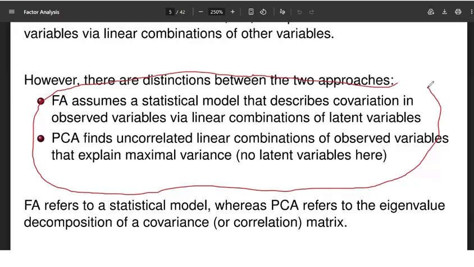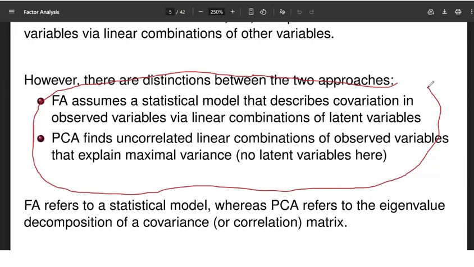In principal component analysis, of course, we want to identify uncorrelated variables that I call principal components that can explain the maximum variance. So you're going to see here that the two are not the same in terms of what they are targeting.